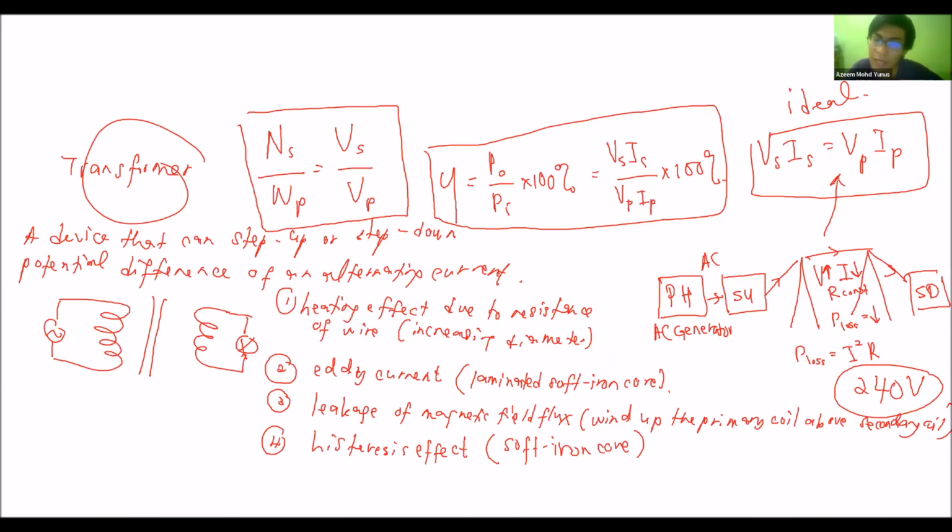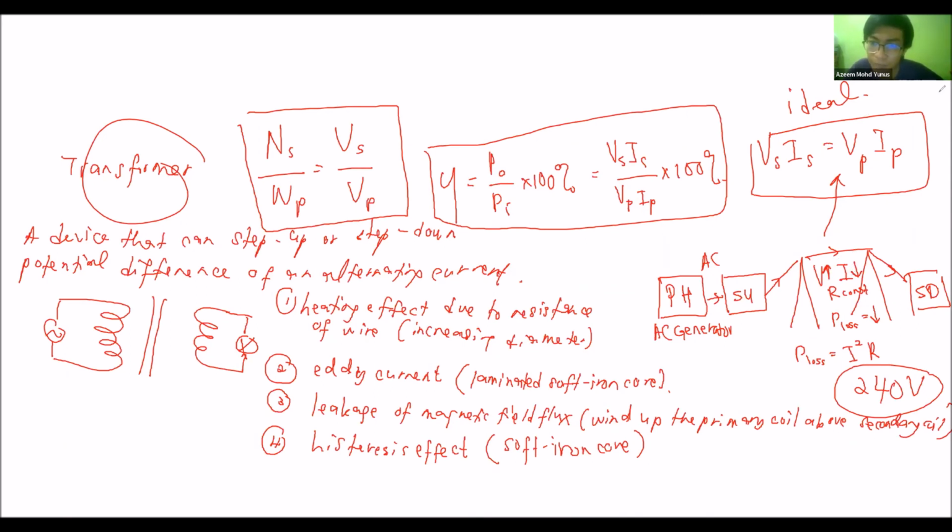Why voltage increases and current reduces is due to the ideal case over here. The transformer is not ideal, but we can assume it is almost ideal. So the primary power is not going to change, so the power is also equal to the secondary coil. The thing that we can change is the secondary coil here. You can also say that power delivered by the transformer is transferred to the national grid network.